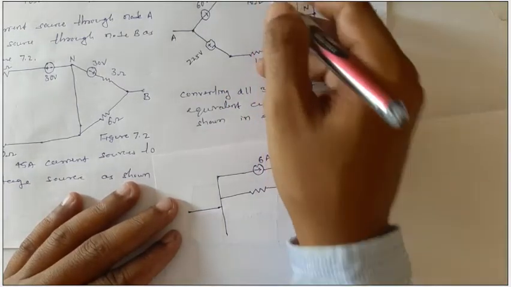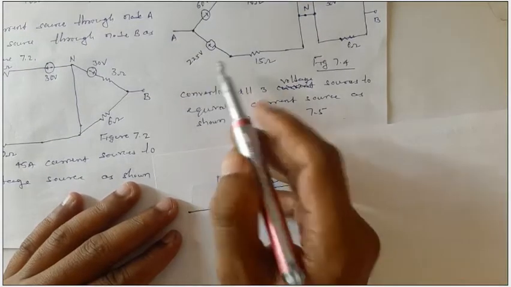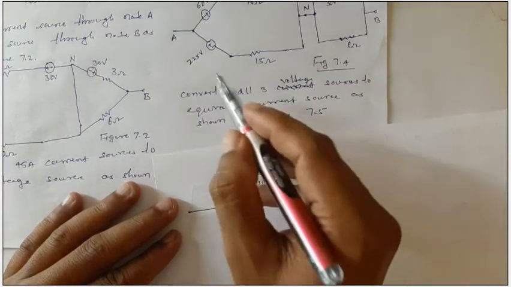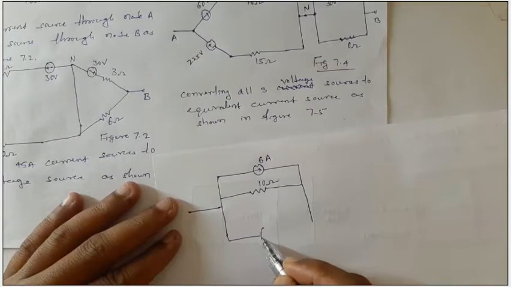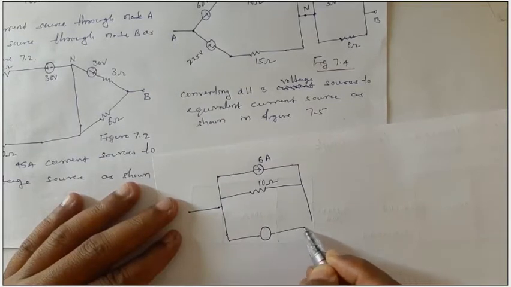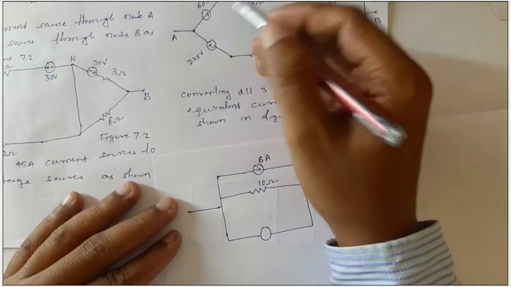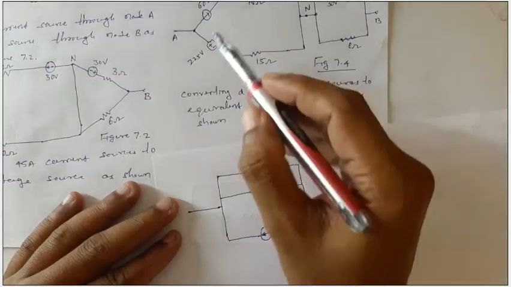Now this 10 ohm will come in parallel with the current source. Now here 225 by 15 is 15 ampere, and that current source I'll draw here. Wherever plus is there, the direction of the current source will be there, meaning the arrow of a current source.